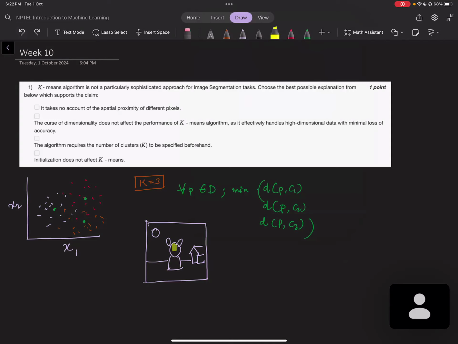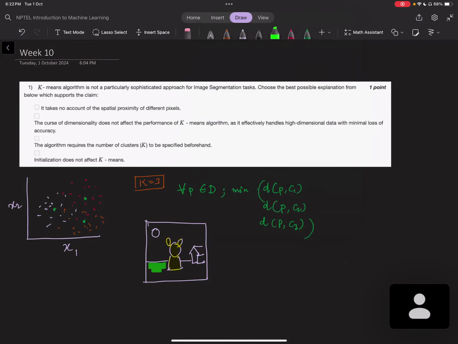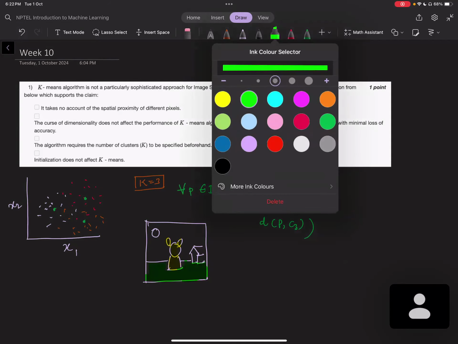It will put some mask here, and similarly on the grass. So it will segment the different portions of the image based on their type.